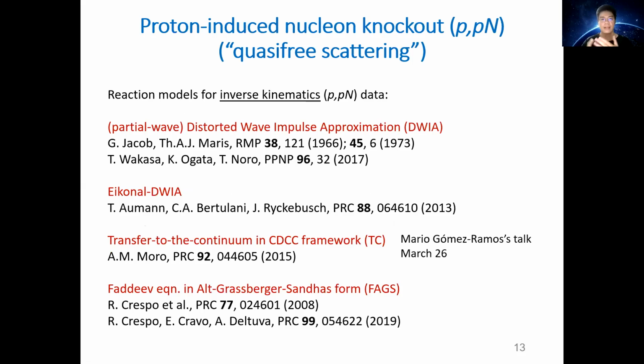I should state that at this moment there are about 4 commonly used theoretical models to investigate proton-induced nucleon knockout reactions in inverse kinematics. The most well established, and the one that was developed earliest, is the partial-wave distorted wave impulse approximation, or DWIA. This is the model that our group focuses on.